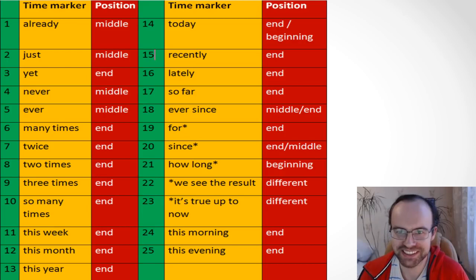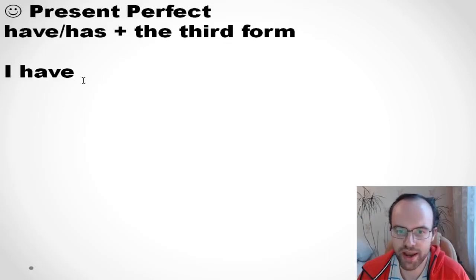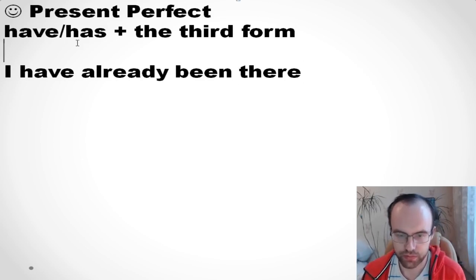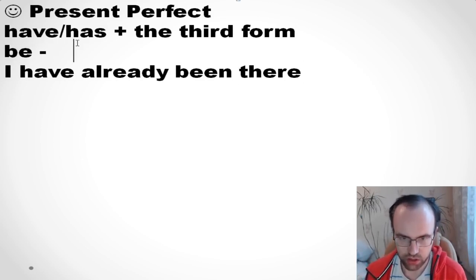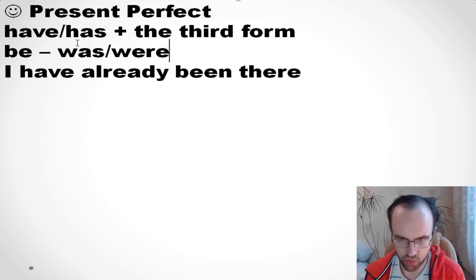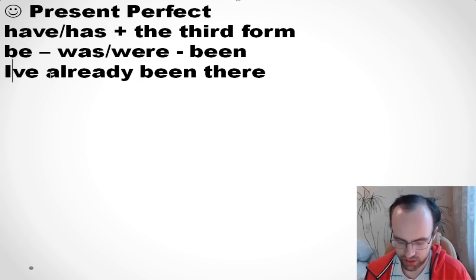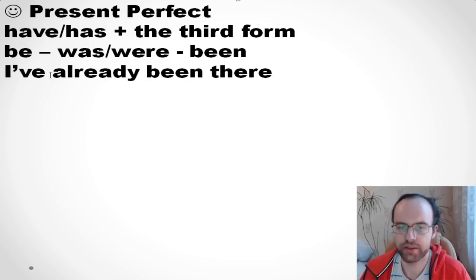Okay, so I have already been there. So be: the second form is was or were, and the third form is been. So I have already been there. And you know that native speakers usually say it like this: have or has plus the third form.